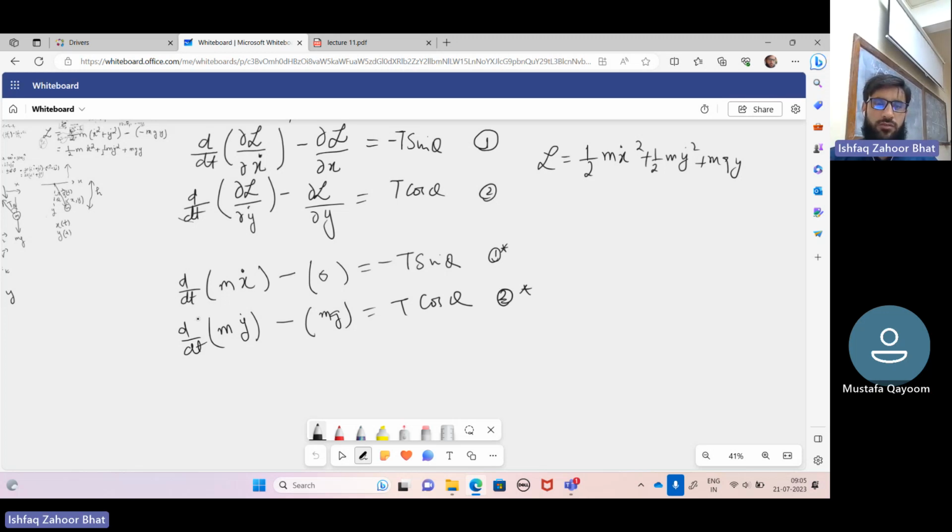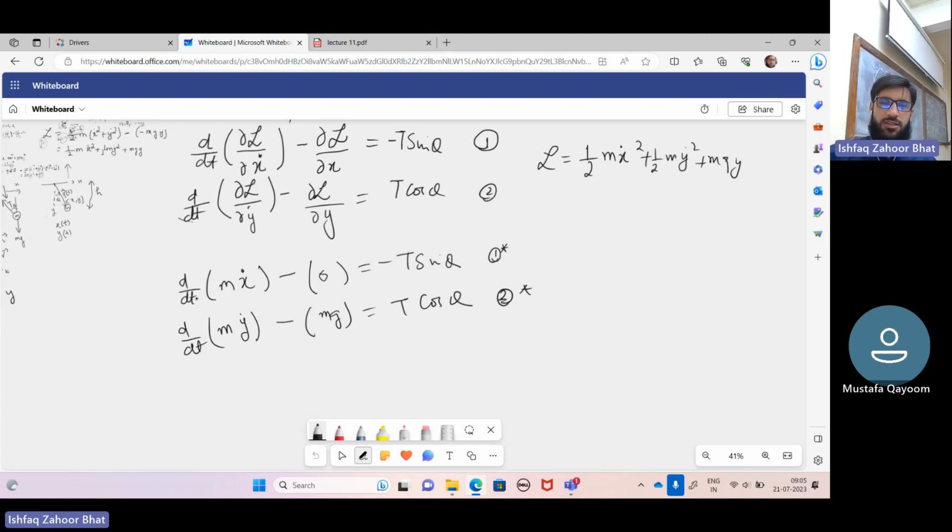So what will be the d by dt of mx dot? Derivative of mx dot. D by dt of mx dot. So it will be ma, that is our force.